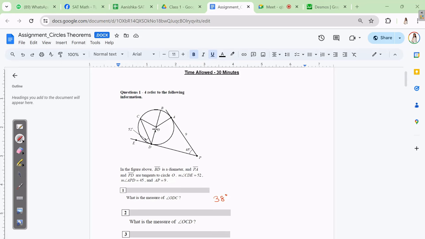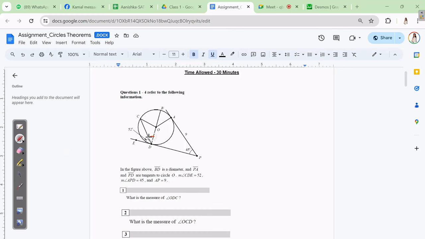So OD is the radius and this PE is the tangent. So tangent is perpendicular to the radius at the point of tangency. This is the point of tangency. So that's why this angle would be 90. And that's why this one would be 38.